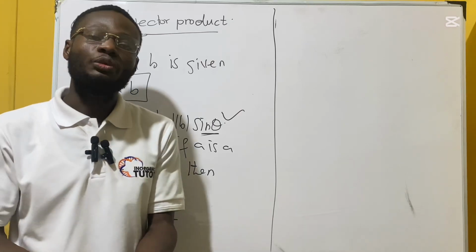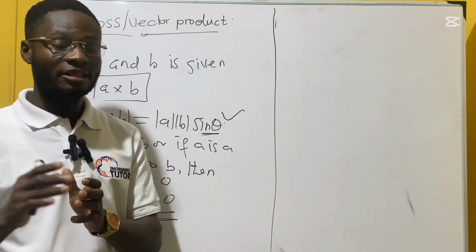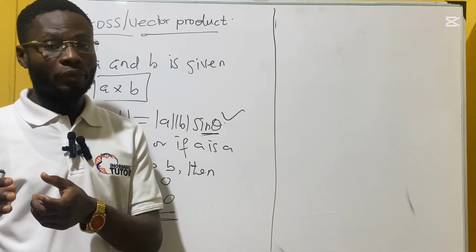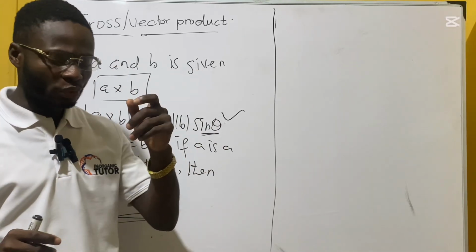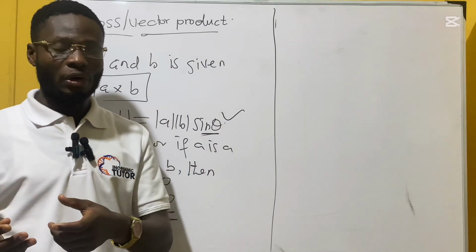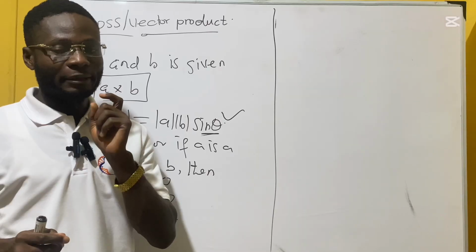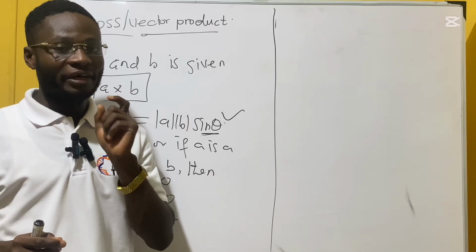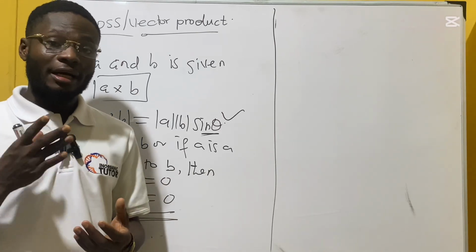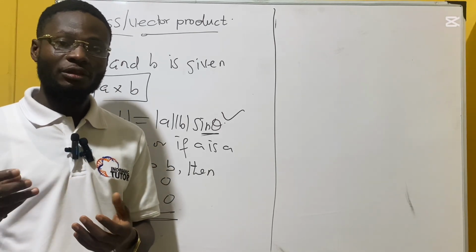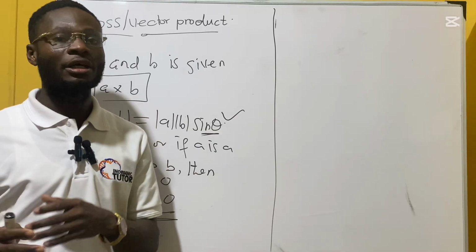Now we have to take note of these key properties. In vector product, you are going to deal with matrices, so order is very, very important. Order matters. Fred Carl Gosh, the man of matrix, he really appreciates order.